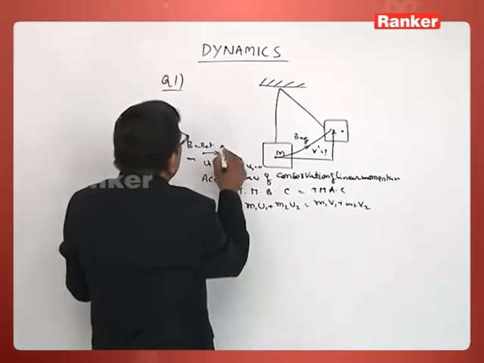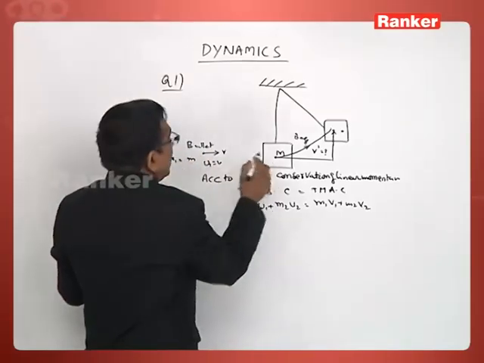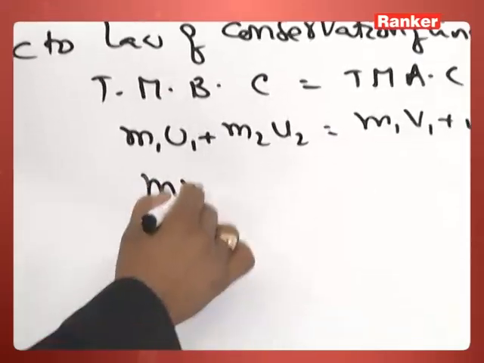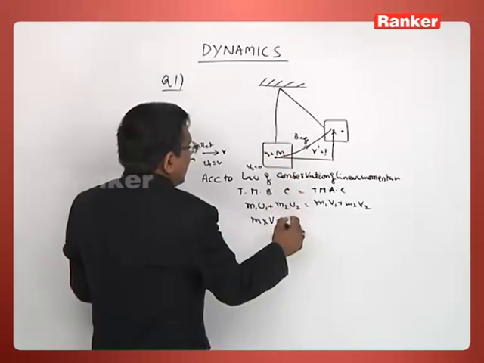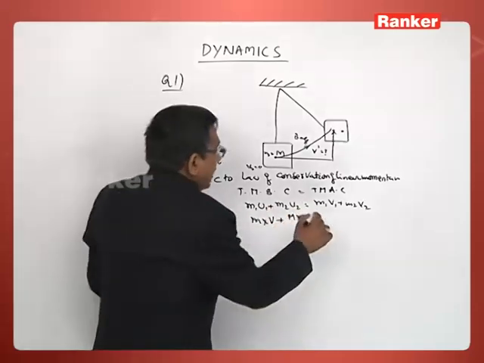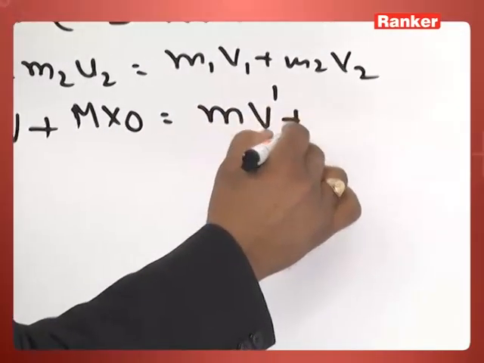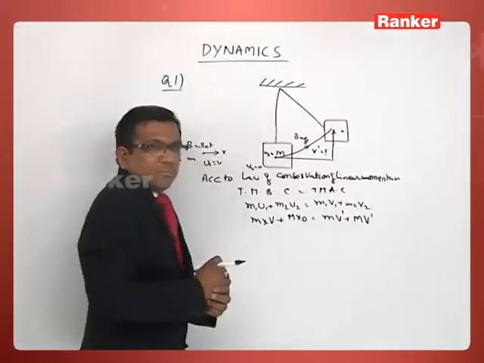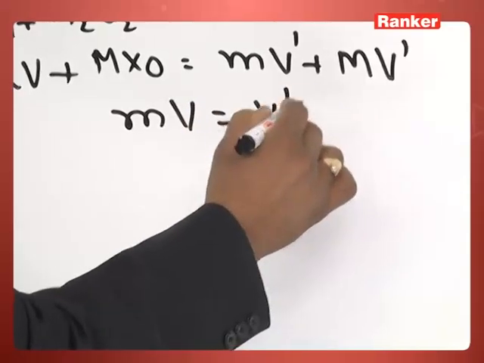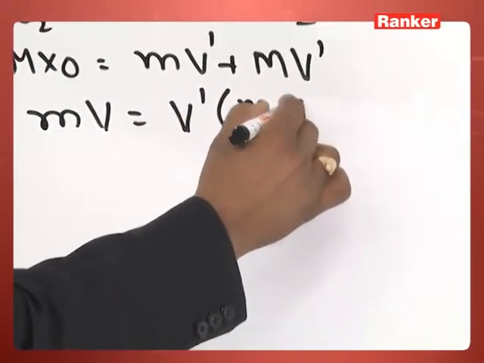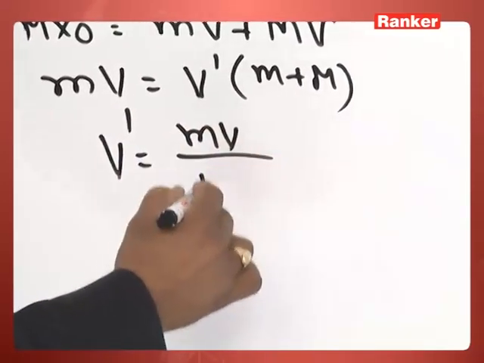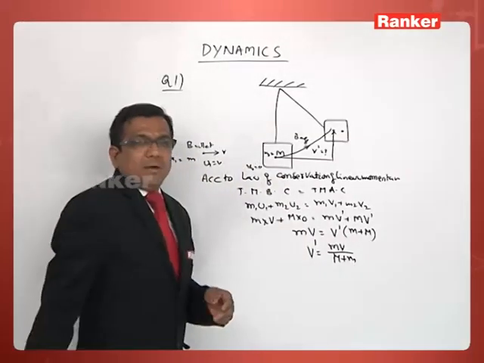Taking the bullet as m1 and the bag as m2, m into v plus M into 0 is equal to (m plus M) v prime. So v prime is equal to mv by (m plus M). This is the combined velocity.